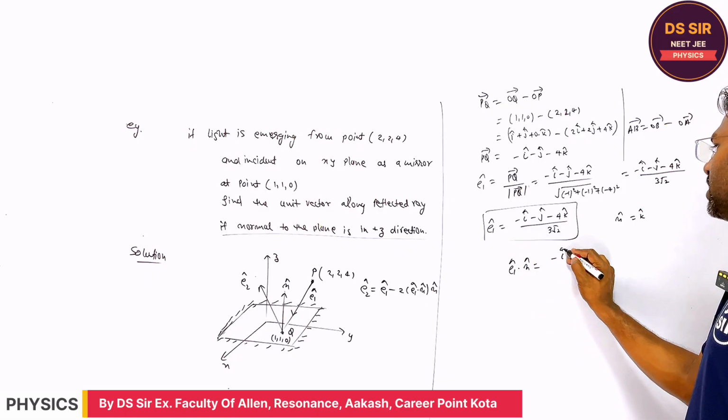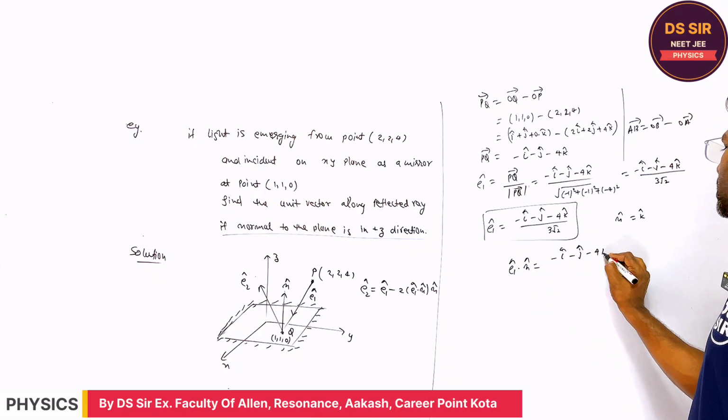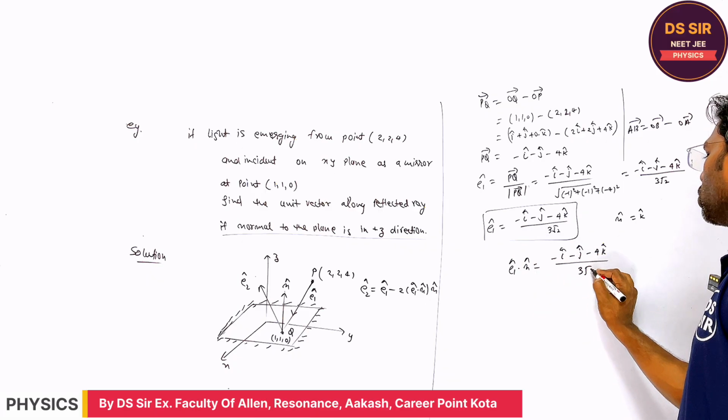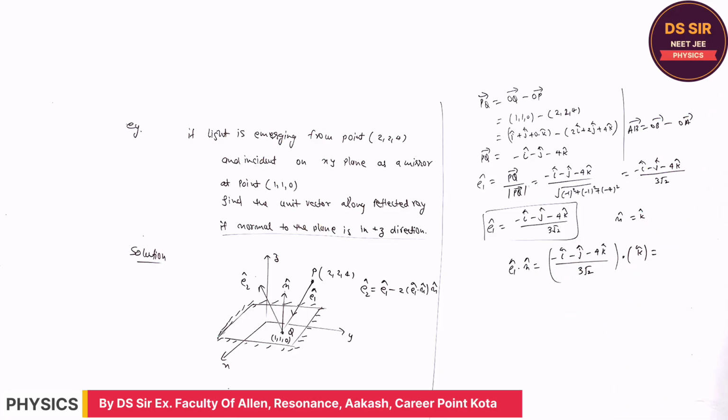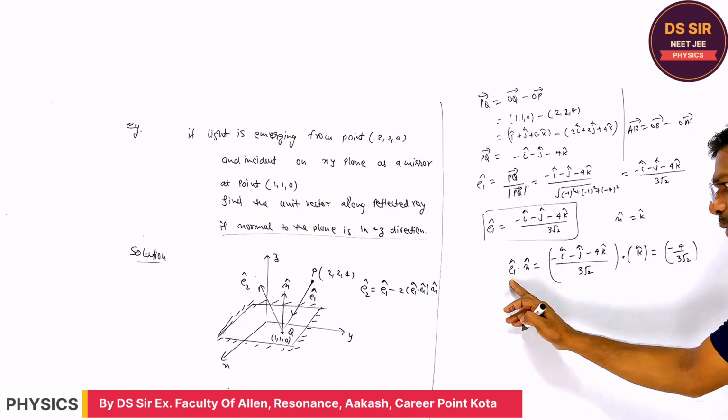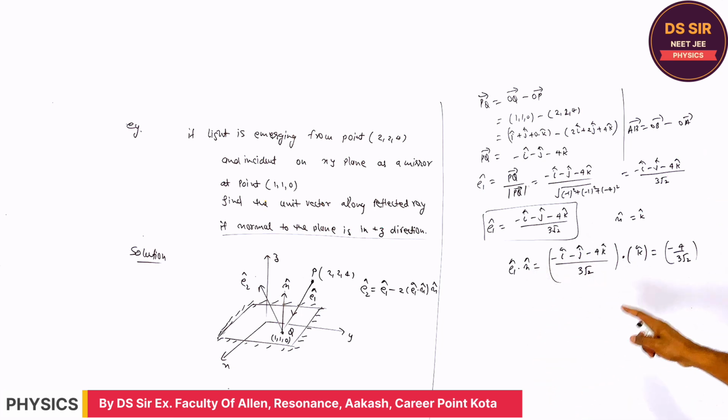This is minus i minus j minus 4k upon 3 root 2, dot product with k cap. So what is the answer? i dot k is 0, j dot k is 0, k dot k is 1, so it is equal to minus 4 upon 3 root 2. The dot product of two vectors is always a scalar magnitude, right? So that is why its magnitude is coming.